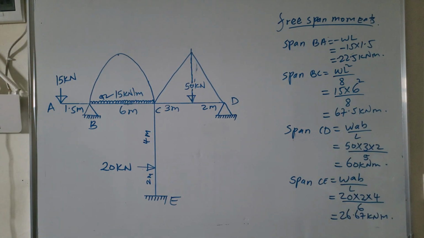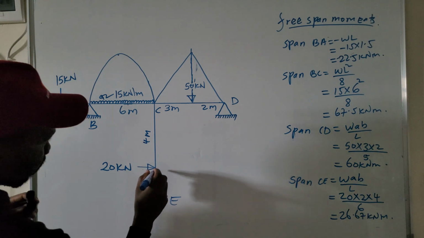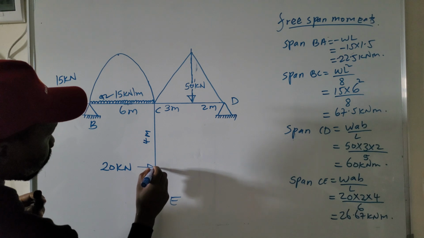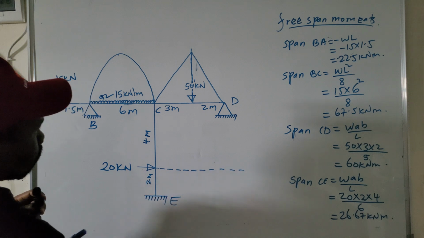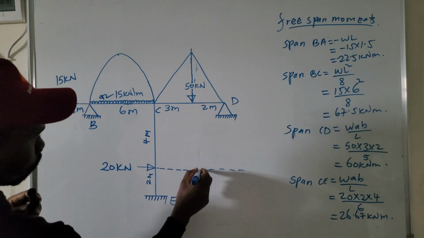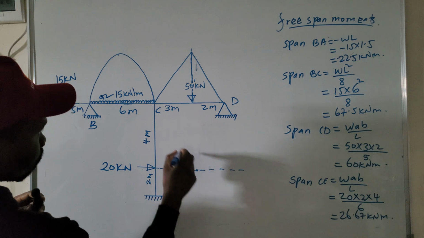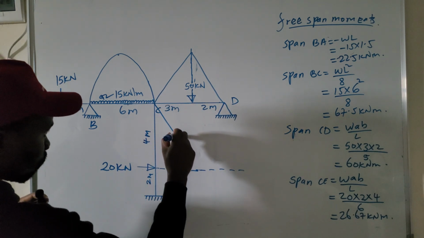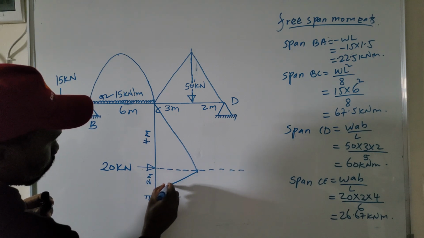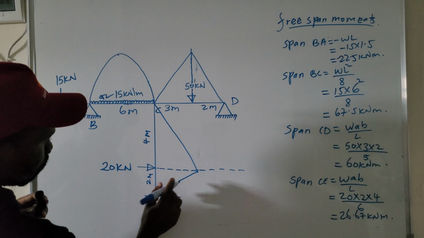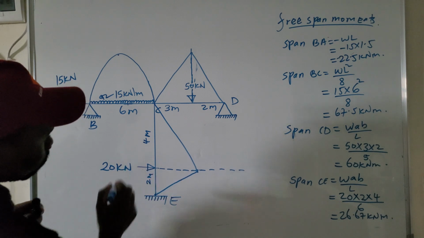And then we have span CE, 26.67 kilonewton meter. Again, so we approximate like that.